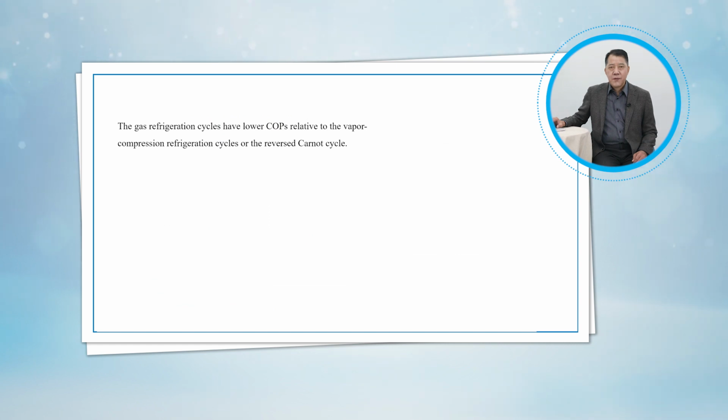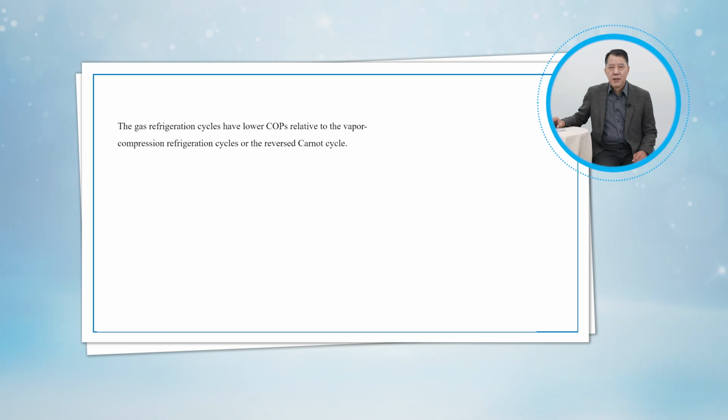The gas refrigeration cycle deviates from the reversed Carnot cycle because the heat transfer processes are not isothermal. In fact, the gas temperature varies considerably during the heat transfer processes. Consequently, gas refrigeration cycles have lower COPs relative to the vapor compression refrigeration cycles or the reversed Carnot cycle.